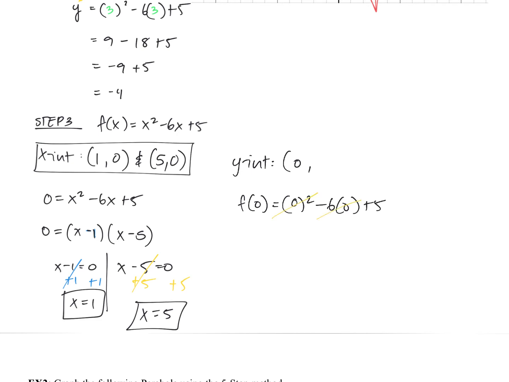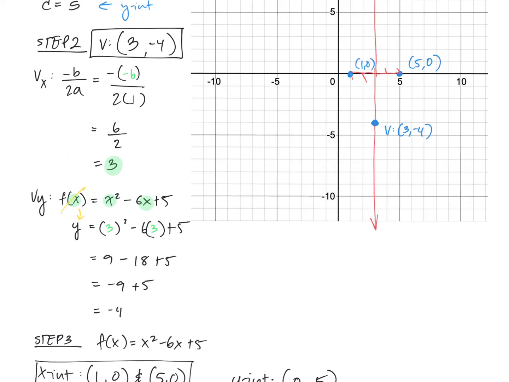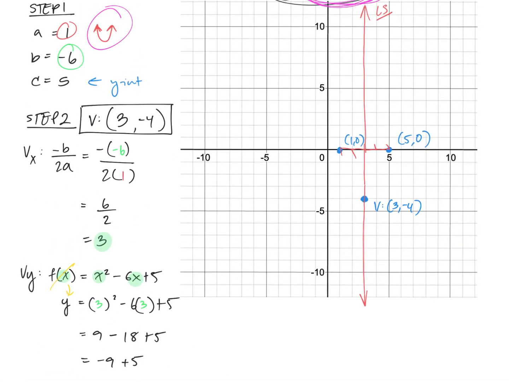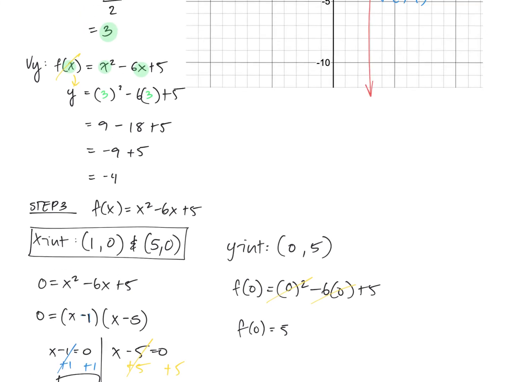These all go to 0, and we're just left with f of 0 equals 5, which we mentioned earlier. So f of 0 equals 5. That's my y-intercept, (0, 5). Right there. Okay, so we've completed step 3. What is step 4?